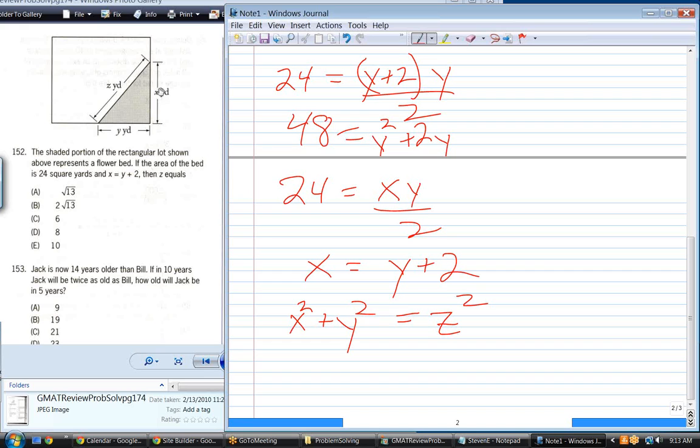This would be a 6, 8, 10 triangle. The area would be 6 times 8, 48 divided by 2, 24. In other words, I kind of found a shortcut without having to go through the gobbledygook of solving those 3 equations and 3 unknowns, which, like I said, is a long process.